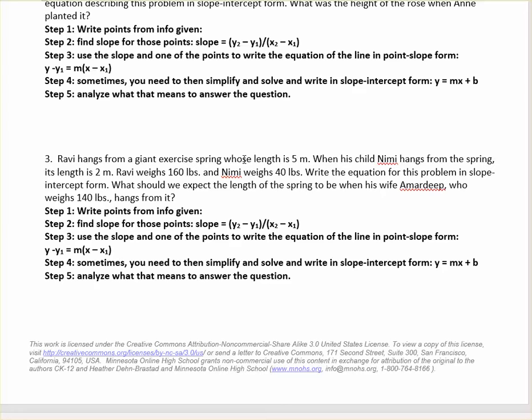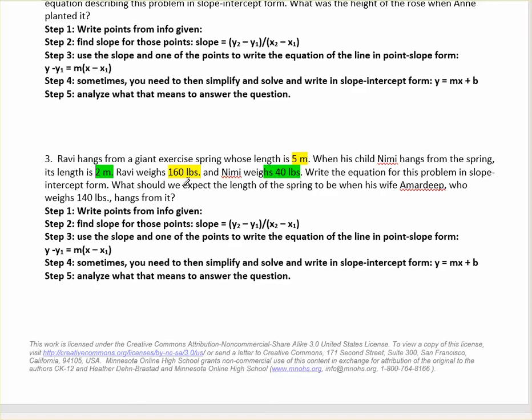So this spring is stretching based on how much somebody weighs. So Ravi weighs 160. Let's highlight that. And the spring stretches 5 meters at his weight. And he has a son named Nimi. Nimi weighs 40 pounds. And when he hangs on that exercise thing, it stretches only 2 meters.